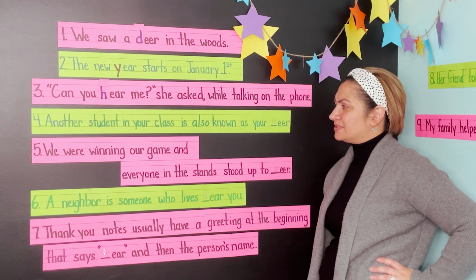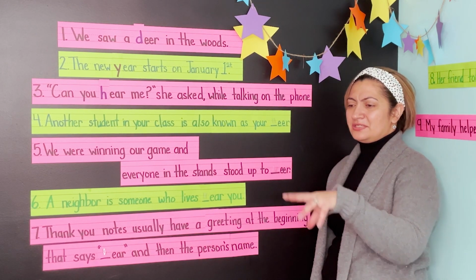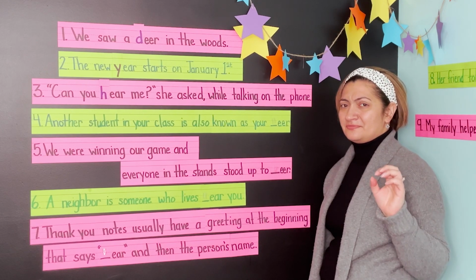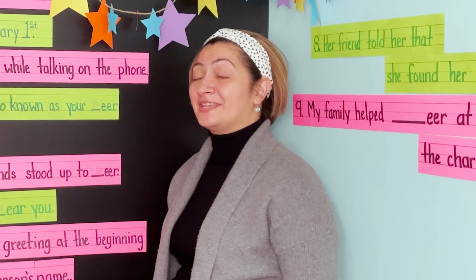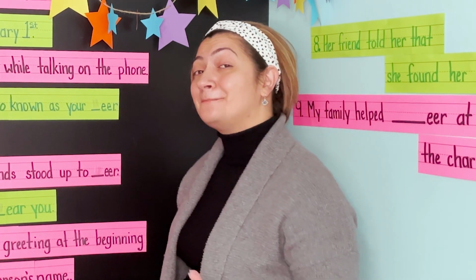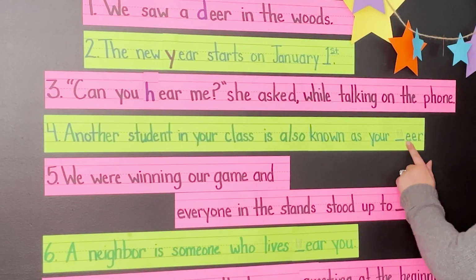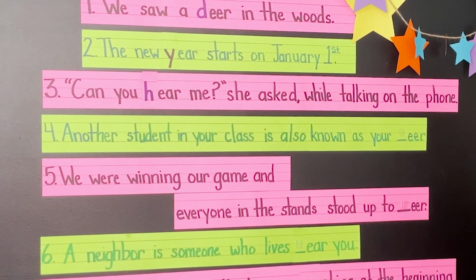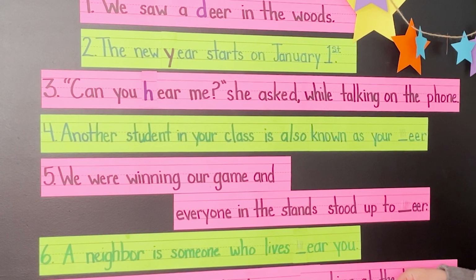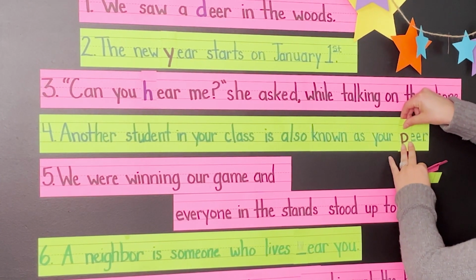They're students. And the other students in your room. When you work alongside another person, it's known as your peer. Yeah, so we already have ear here. What sound are we missing at the beginning? P. Nice job. Your ear, your peer.